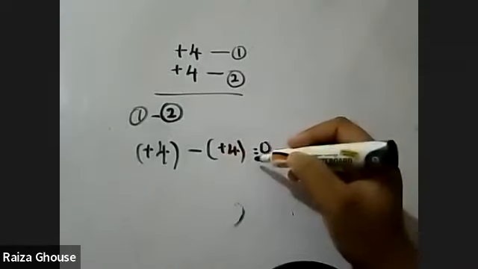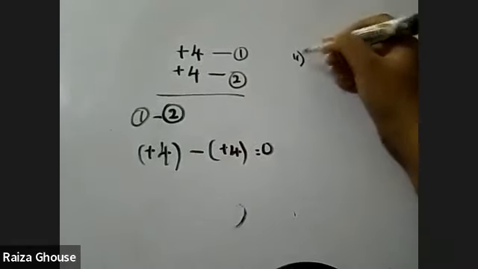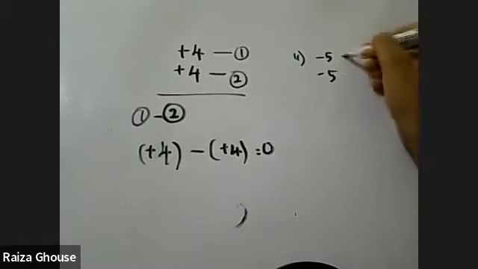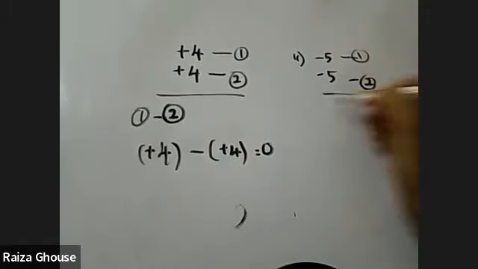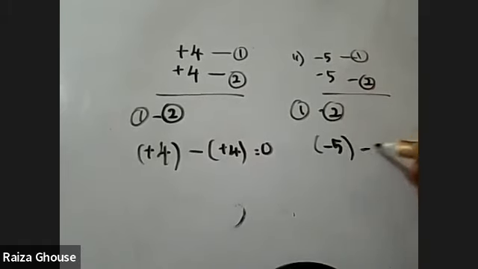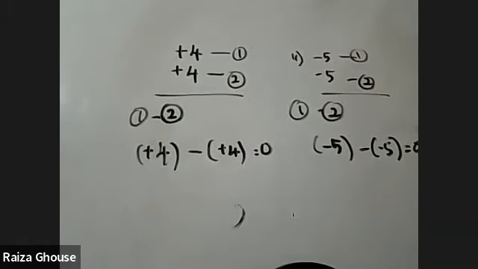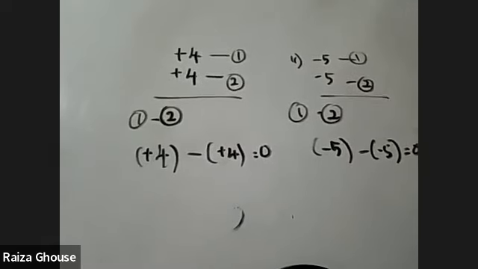That means it's getting cancelled. If I take a negative number like this, 1 minus 2, then also I get 0. That means it gets cancelled. So remember, if you get the same symbol, you have to subtract the equations. Is that clear?